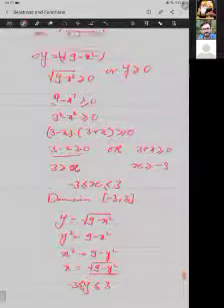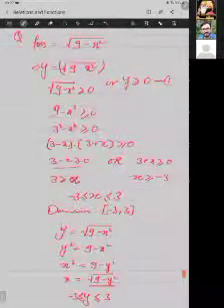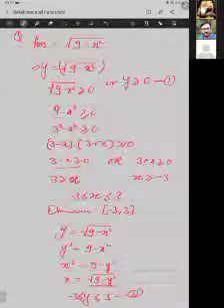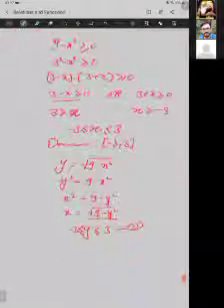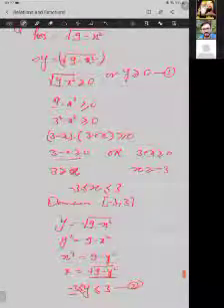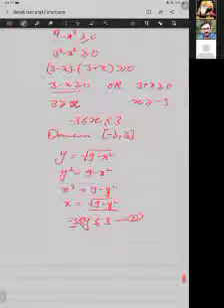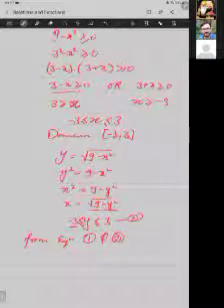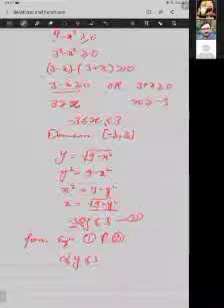But see, over here you have written y must be greater than or equal to 0. Here you are writing y must be greater than or equal to minus 3. So when we combine these two, from equation 1 and 2, y must be less than or equal to 3 but greater than or equal to 0.